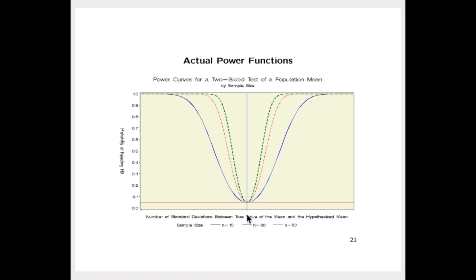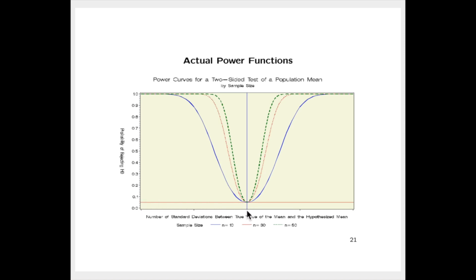Notice that when mu is equal to mu naught, for each of these 3 sample sizes, the power function is equal to 0.05. If mu is equal to mu naught, then the null hypothesis is true, and we don't want to reject. But there is a possibility of rejecting, and in this case that probability is 5%. So we're using a 5% significance level for each of these power curves.